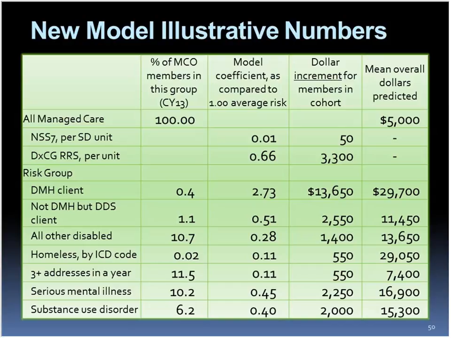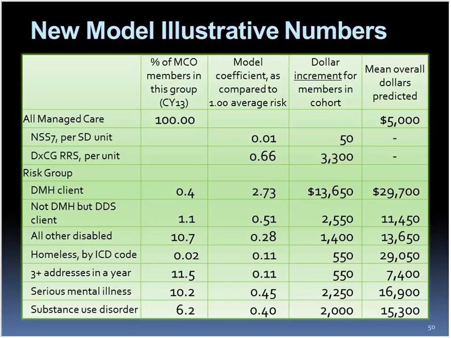Notice that there's a lot of money associated with clients of the Department of Mental Health, but there are very few such people currently in the managed care organization. One of the goals of this whole process is to make MCOs feel comfortable that they will have the money to deal with more difficult people.